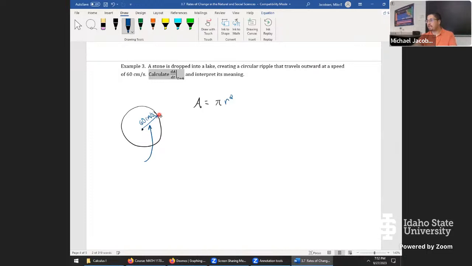So I'll put a little arrow here to say, this is r(t). And you said the function should be 60 times t. Absolutely, at 1 second, this would be 60 centimeters away. At 2 seconds, well, it's going 60 centimeters per second, so this would be 120 centimeters in length. So this would be our function right here. If your speed is just a constant, your function would look like this, the constant times time. Does that make sense to folks on putting in the radius portion?